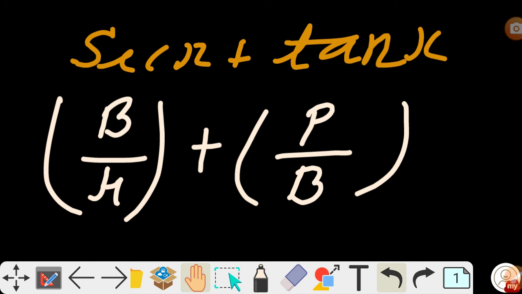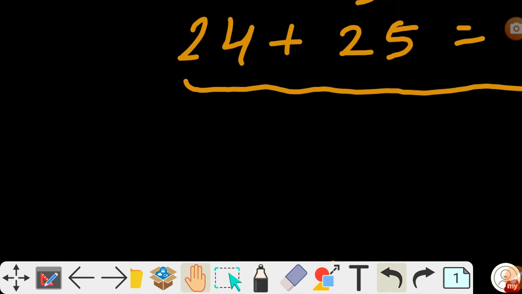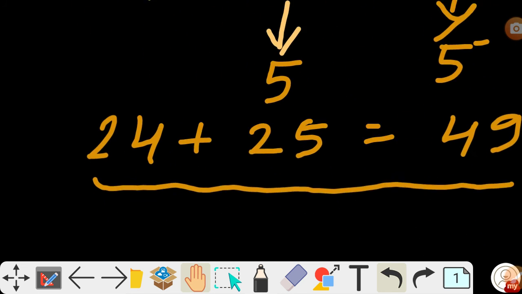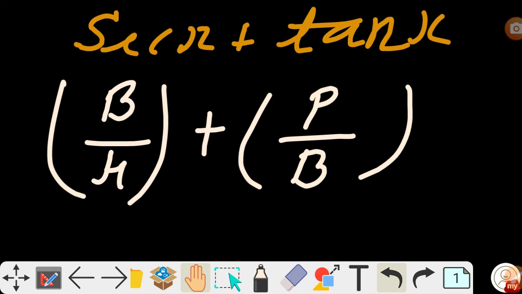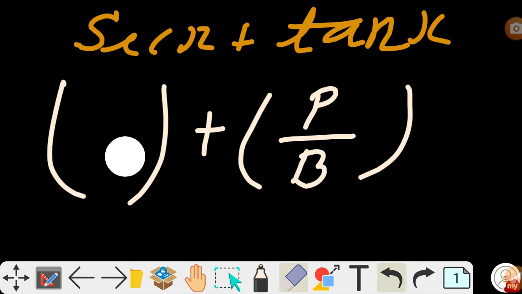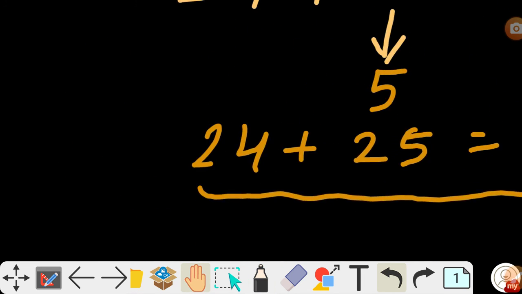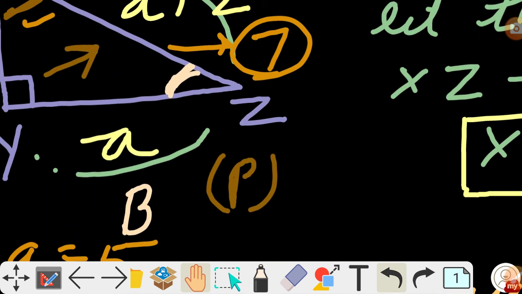So put the value of these: sec x, we have hypotenuse upon base, and tan x, we have perpendicular upon base. So let's proceed towards the image, then find out.